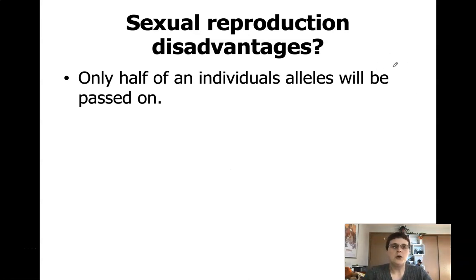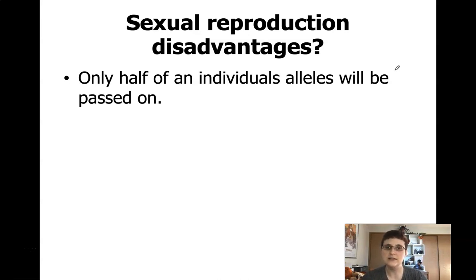So I don't know if you came up with this one. This one rarely actually comes up. But if you think about it, if you're using sexual reproduction, only half of your genetic information gets passed on, right? If you're using asexual reproduction, all of your genetic material gets passed on because you're making a copy of yourself, right?